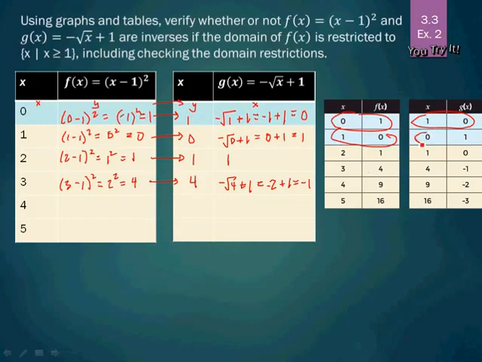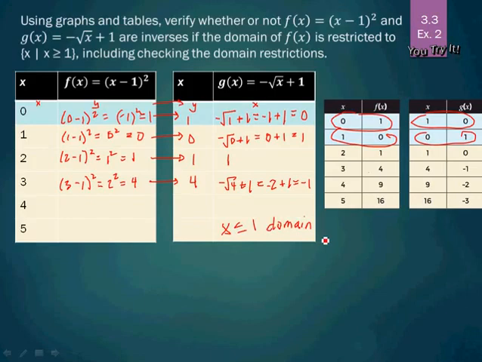But after that, (2, 1), (1, 0), (3, 4), (4, negative 1), and so on, they no longer become xy and then yx pairs. They do not have an inverse relationship. We see that when x is 0 or 1. So again, if x is less than or equal to 1 for our domain, then they actually do end up being inverse functions.